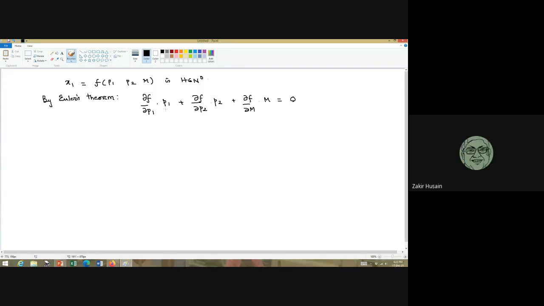Okay. Now suppose we want to bring in elasticity over here. What do we have to do? We will divide by x1 and multiply by x1. So x1 is common.